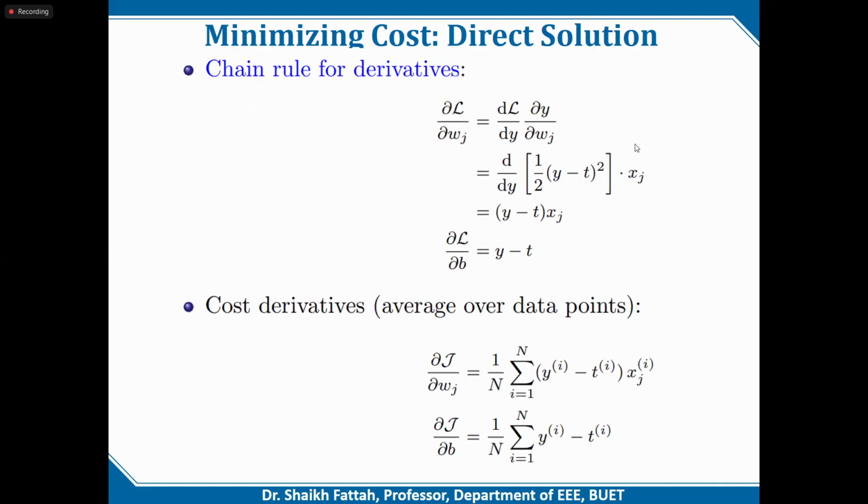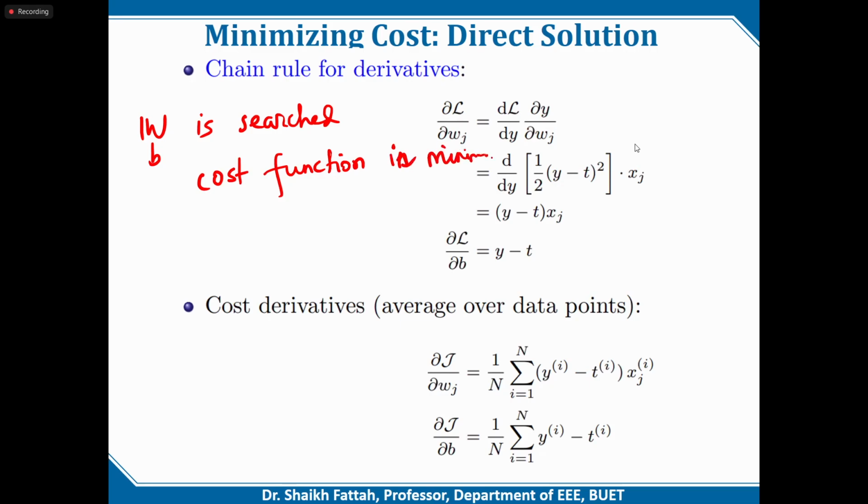W and B are varied or searched so that the cost function is minimized.